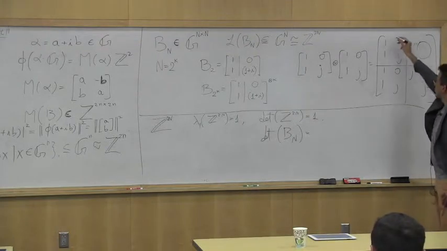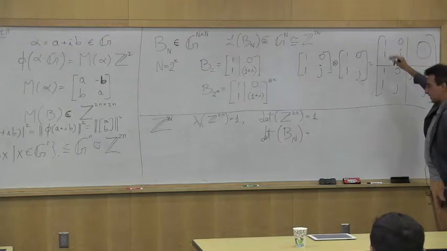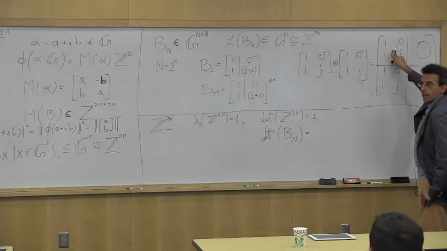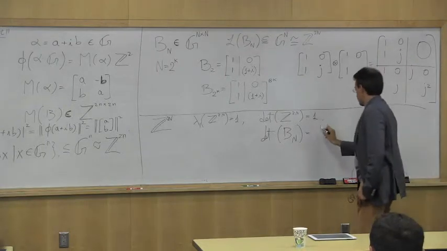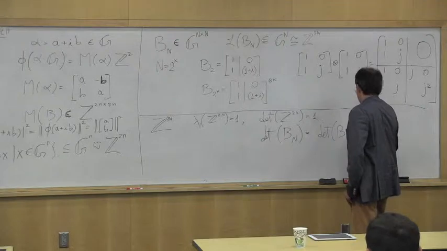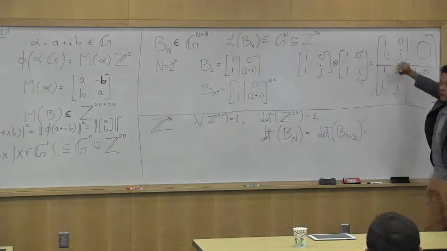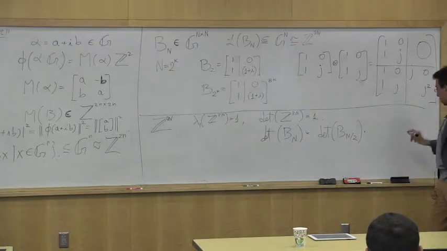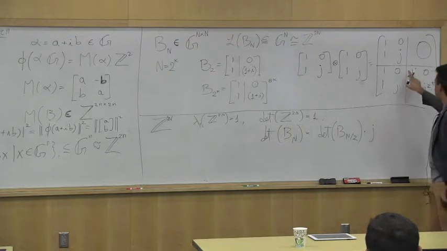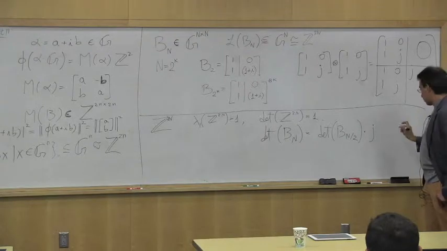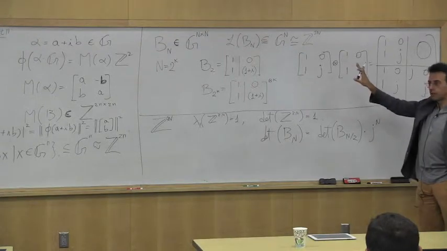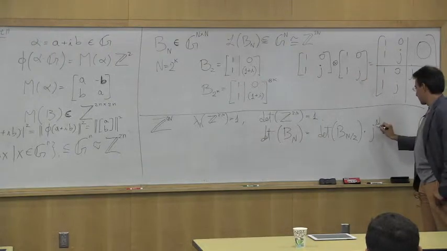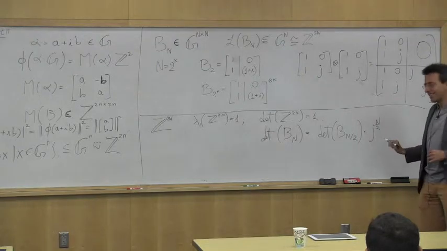So the determinant in dimension n is equal to the determinant in dimension n over 2, which comes from the first diagonal block, times the determinant of this matrix, which is obtained by multiplying this by J. So we get J to the power n over 2, or maybe n, because we go from integer or Gaussian integer, I'm not sure. I know what the final answer is.